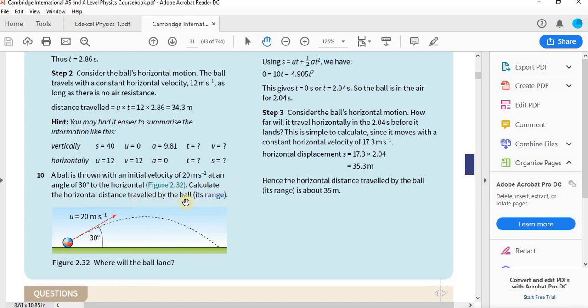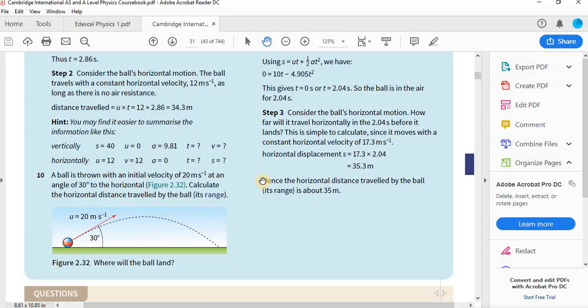I told you before, the range is the horizontal distance traveled by the projectile. So we have to find the horizontal distance from here to here.